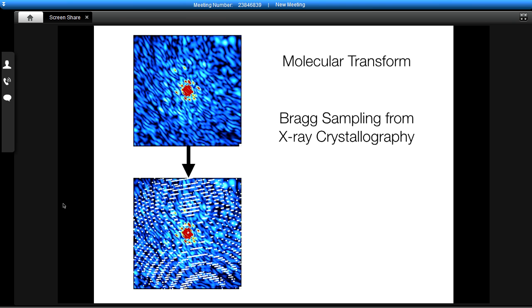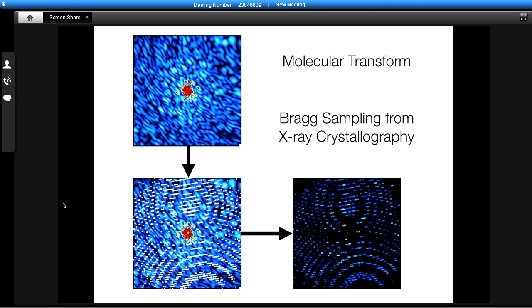So when you're doing X-ray crystallography, you're sampling that molecular transform pattern. You end up with a series of reflections with different intensities, where the intensities are determined by the molecular transform, which is itself determined by the arrangement of the atoms within the molecule, whereas the positions of the reflections are determined by the packing of the crystal.